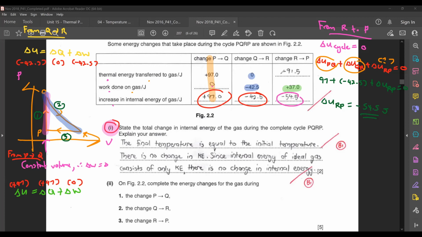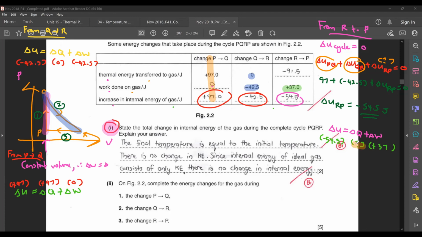Now from here, you can work out the remaining one. For this one you use delta U equals delta Q plus delta W. You already know the other two quantities: delta U is negative 54.5, delta W you already know is plus 37, and delta Q is what you want to find.